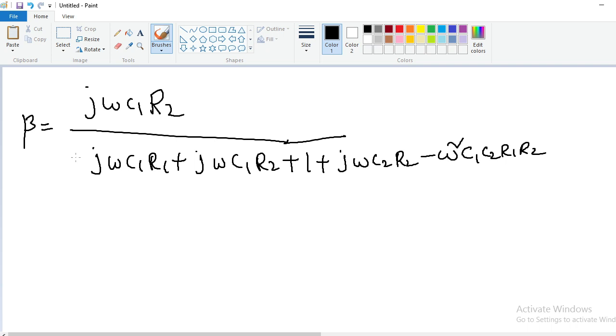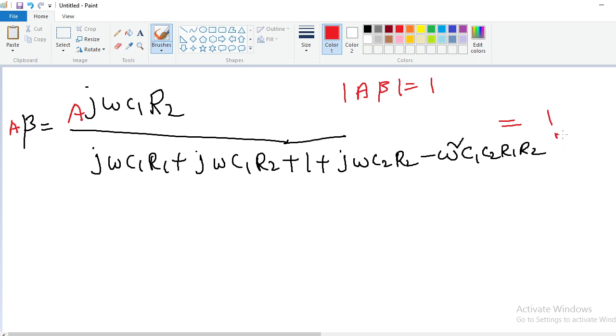But to produce sustained oscillations, the condition is mod of A beta is equal to 1. So this is multiplied with A, equating to 1 to produce sustained oscillations.